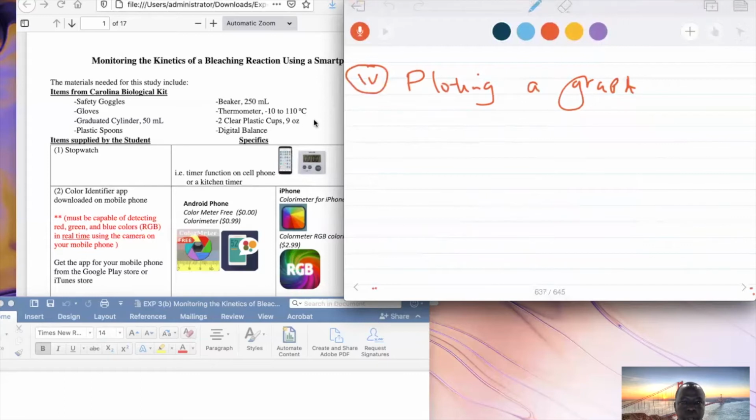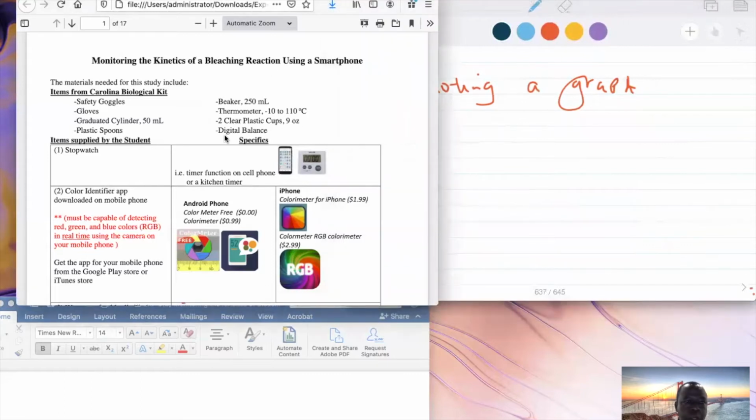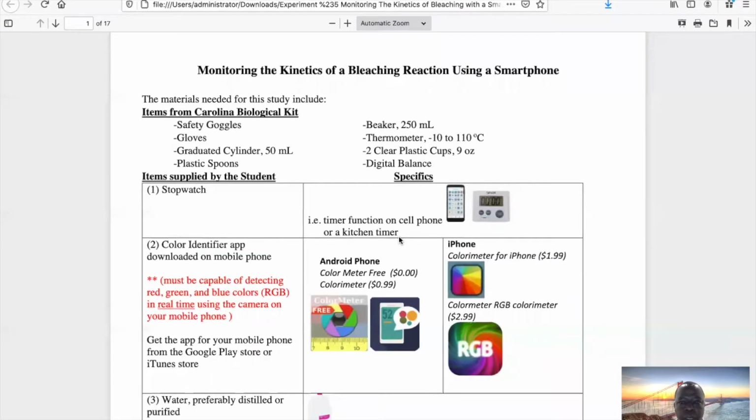So don't worry about what is stated here on the handout. If you are to do this at home, you are going to get the thermometer and stuff like this. This was when you needed the Carolina Biological kit, which you do not have.